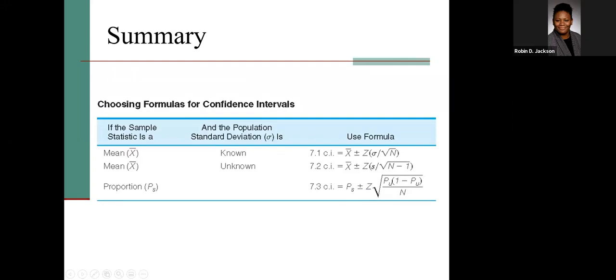All right, so this particular slide is just summing up the different formulas. One of the things I would do if I were you, just like earlier when I told you about those symbols, is wherever you write your information or keep your notes, I know some of you keep notebooks that have the formulas.